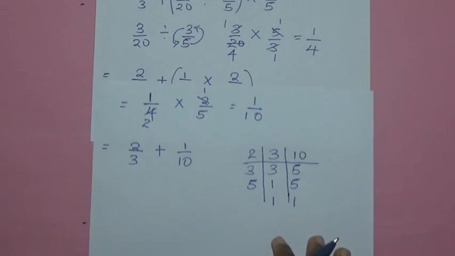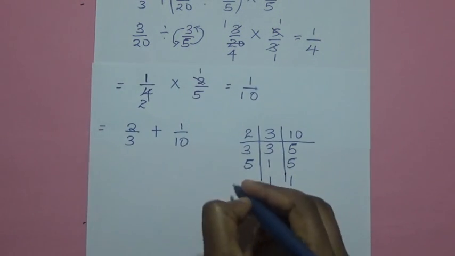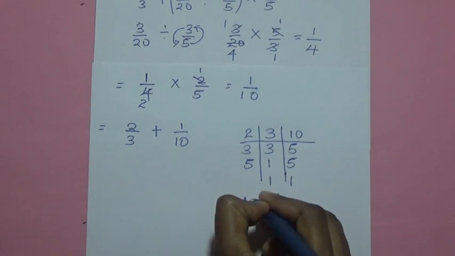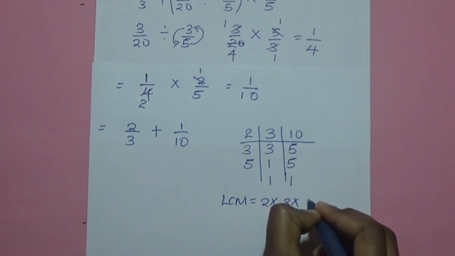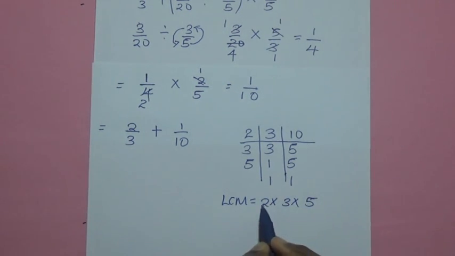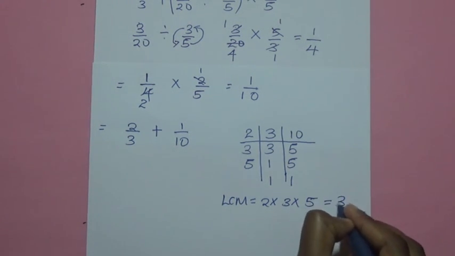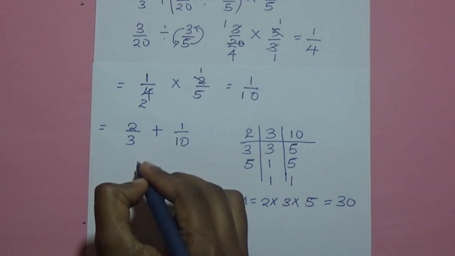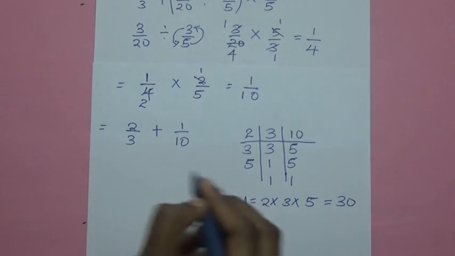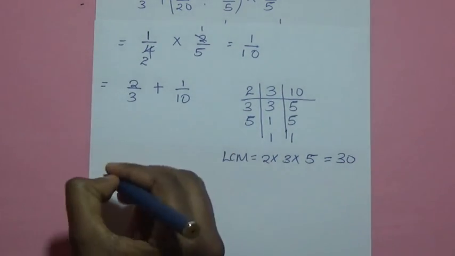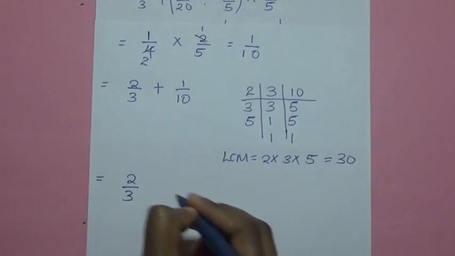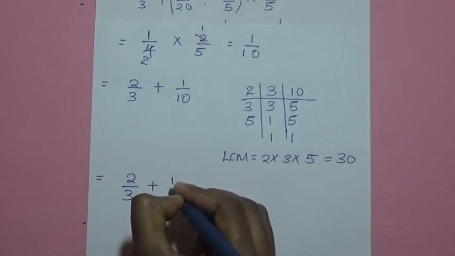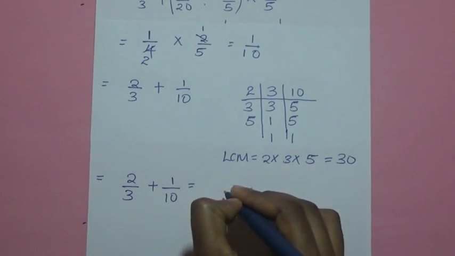So, the LCM will be 2 multiplied by 3 multiplied by 5. 2 times 3 is 6. 6 multiplied by 5 gives us 30. So the LCM will be 30. So it will be 2 over 3 plus 1 over 10.